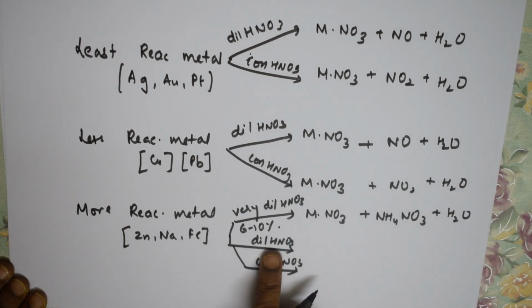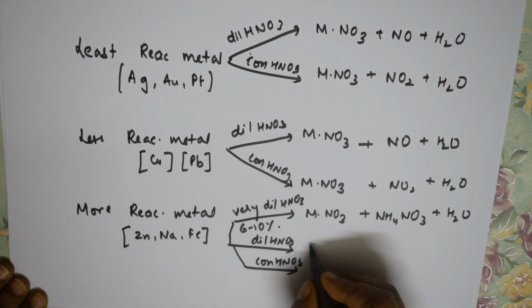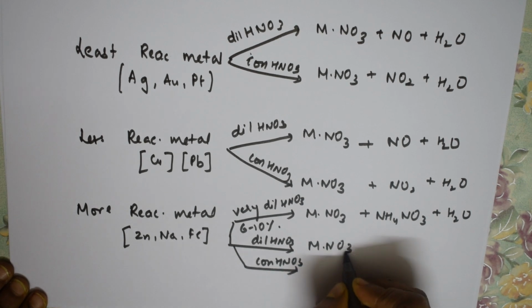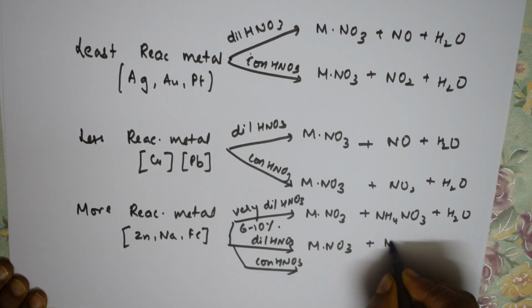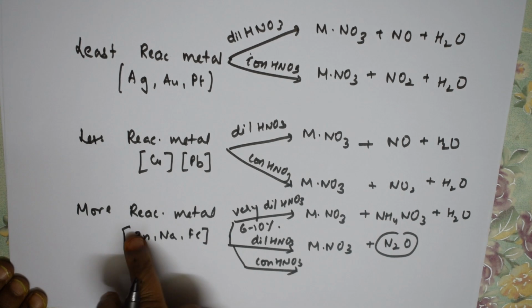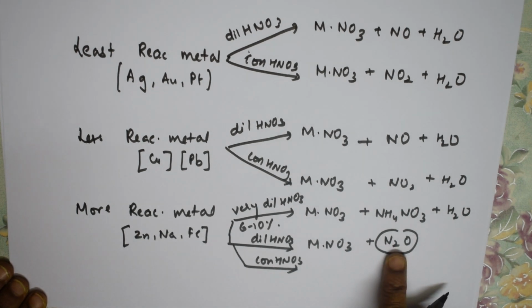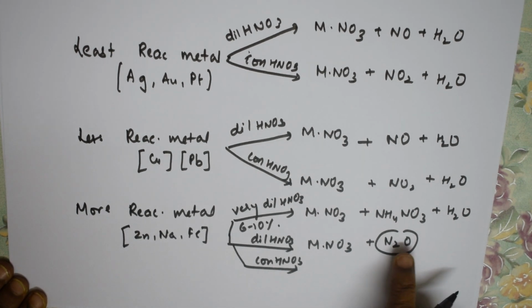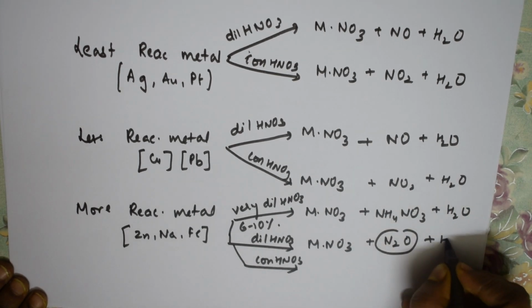Suppose if I am taking 6 to 20% HNO3 dilute. Alright, yes, dilute HNO3, the product as usual is metal nitrate. But here, remember, for highly reactive, in dilute, you get laughing gas, nitrous oxide plus water.